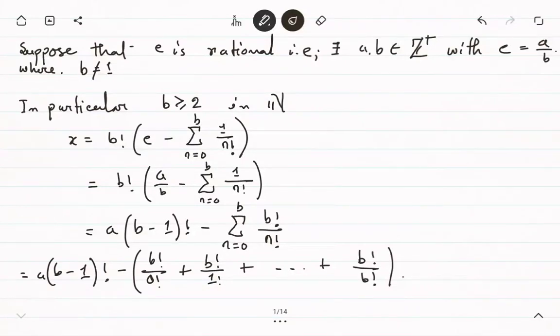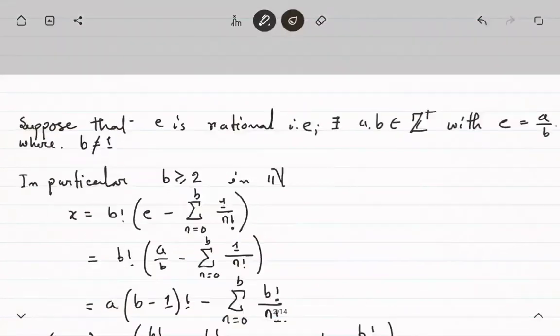Now, e can be represented as the sum over n from 0 to infinity of 1 by n factorial.